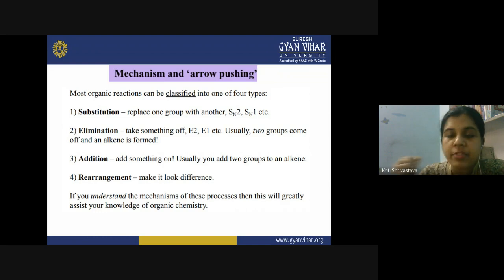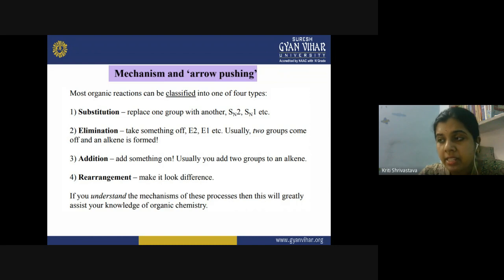Then the third type of reaction, which is again very common in organic chemistry, is the addition reaction. In the addition reaction, the simple thing that is happening is addition of a particular group. A small group is getting added, and where will it add? You cannot add a group on a tetravalent carbon, right?